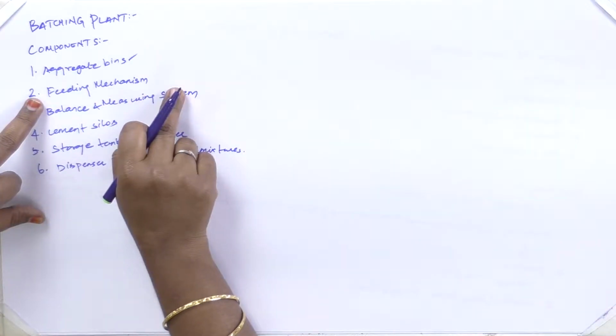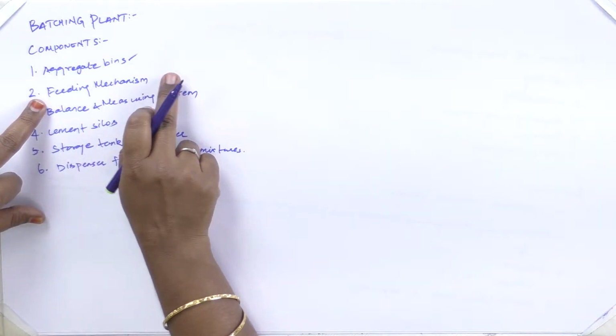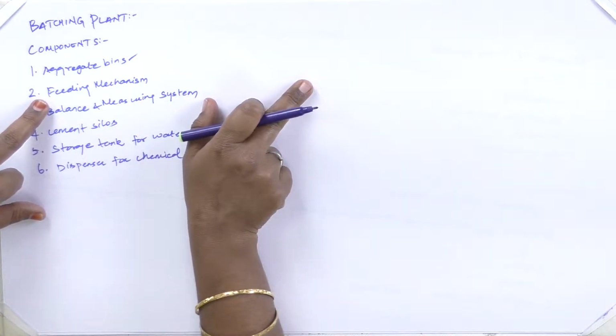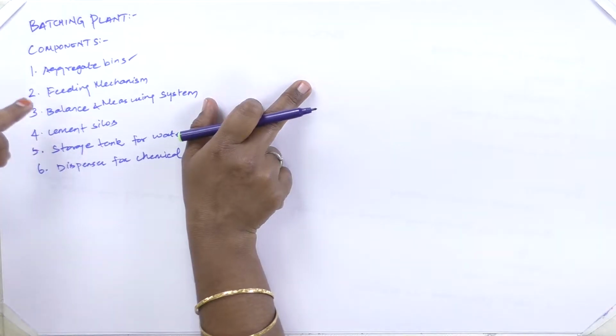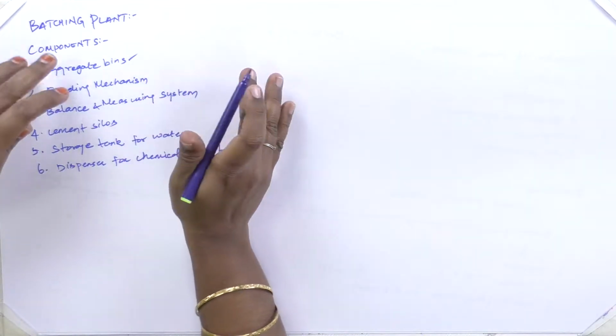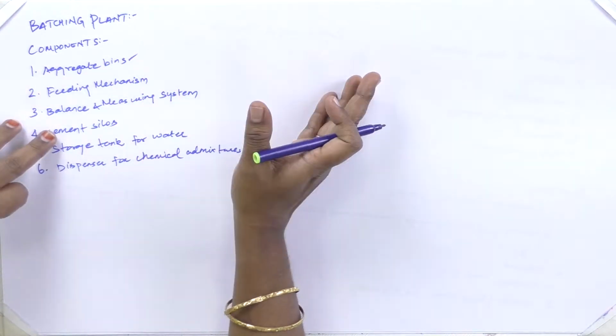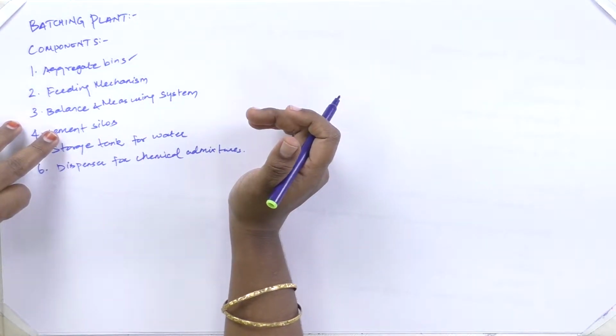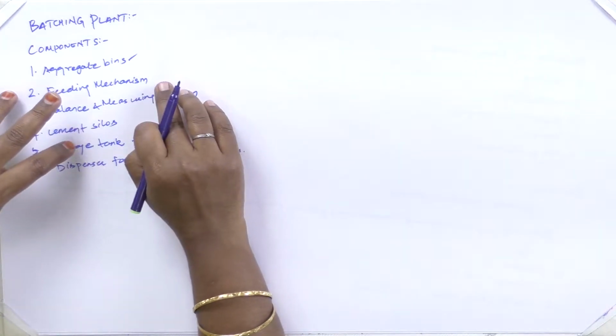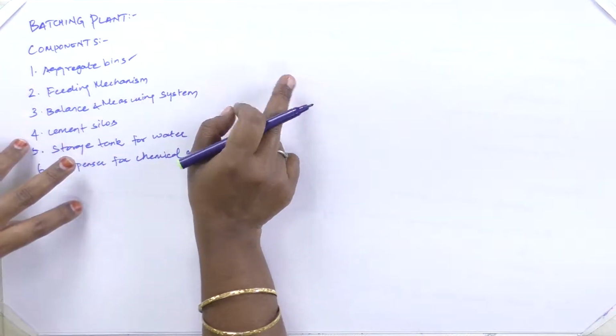Here we will have either a screw type conveyor, or scrappers or conveyors or hoists to transfer the aggregates from the bins to the scales.